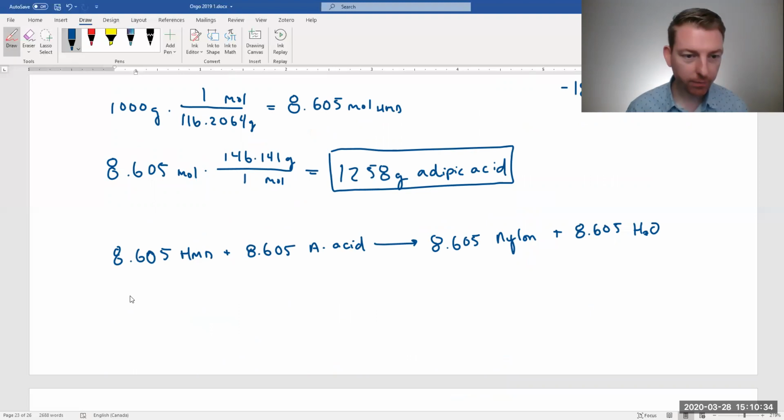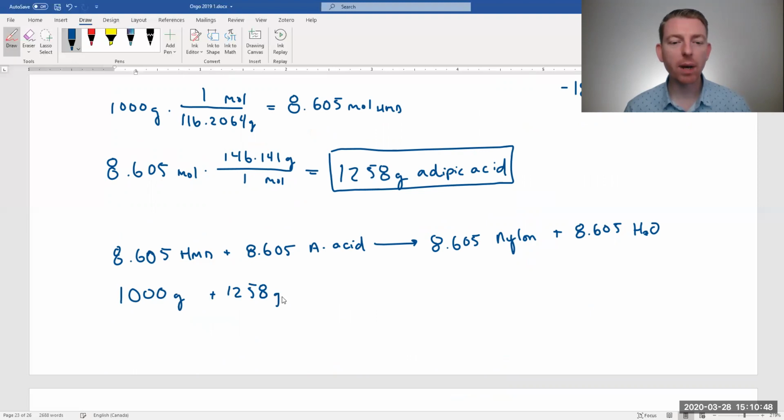We can't drop mass, this isn't nuclear chemistry, so we have 1,000 grams of the HMD plus 1258 grams of the adipic acid. So this whole side has to weigh 2258 grams, right?